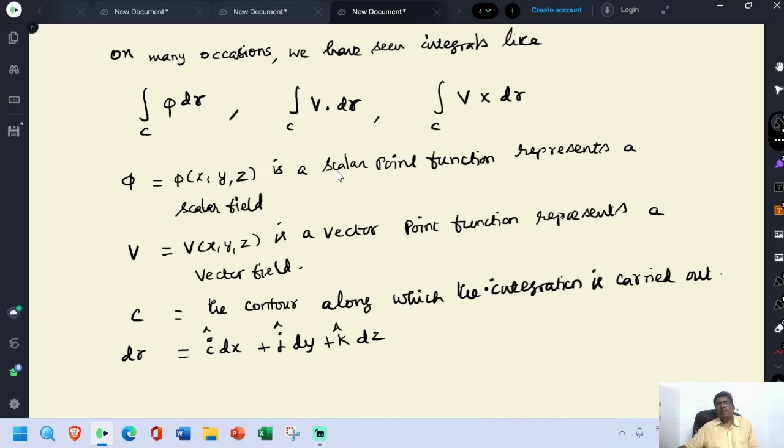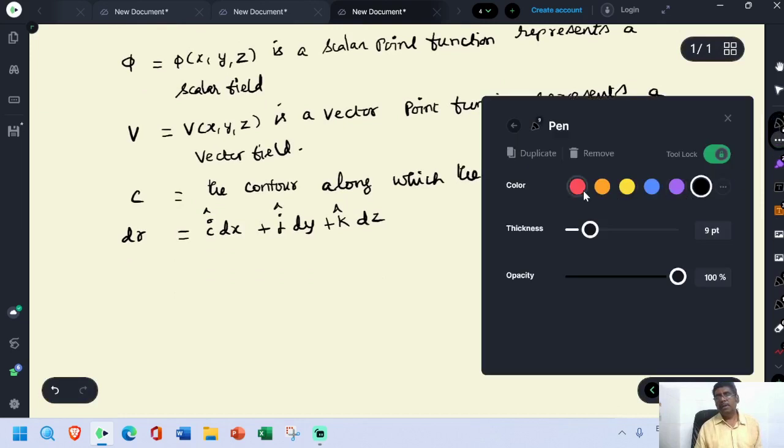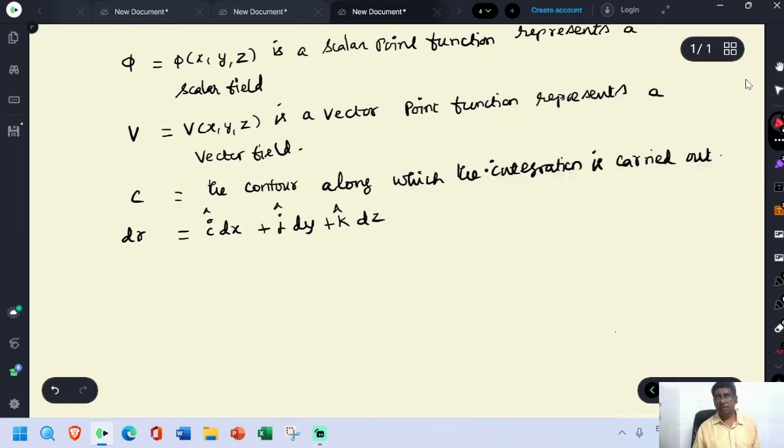See the contour along which the integration is carried out. Now we can see the contour, say, this is the contour C. A is a starting point, B is a final point.